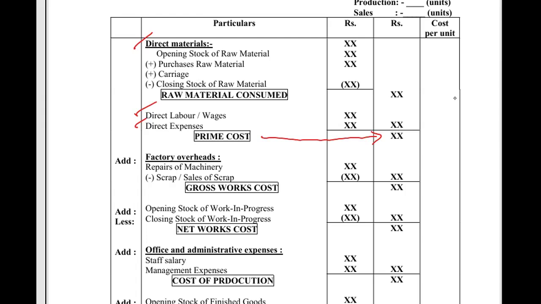In direct material, there might be the opening stock of raw materials plus the purchase amount plus the carriage inward minus the closing stock of raw materials, which will give the raw material consumed. To that, we will add direct labor and direct expenses, and the total of these three things, material, labor and expenses, will give the prime cost.